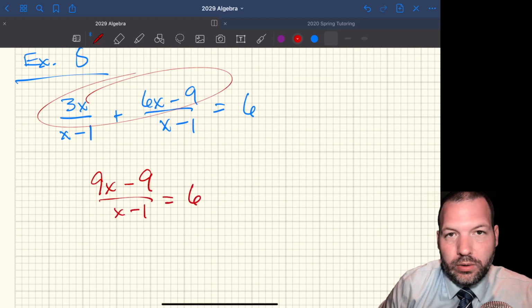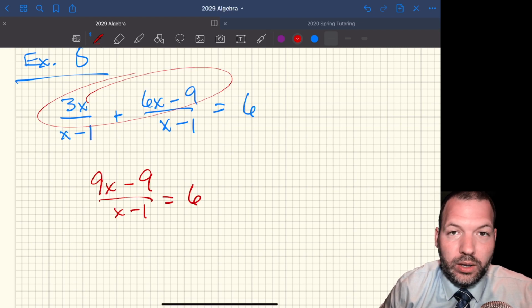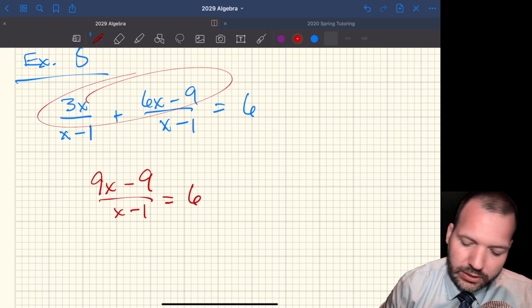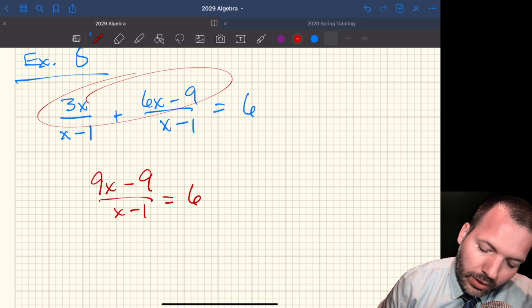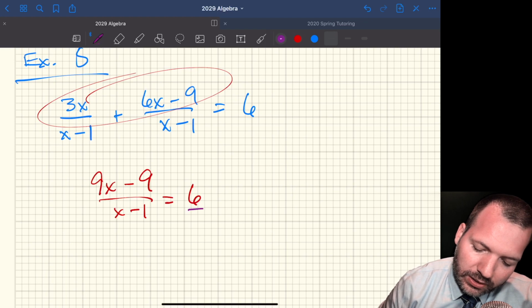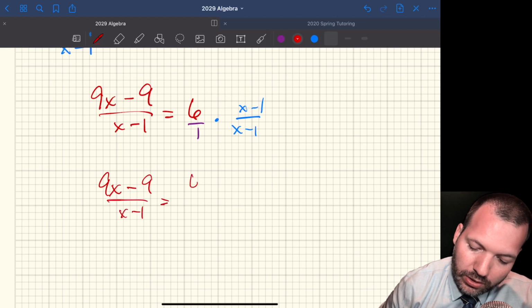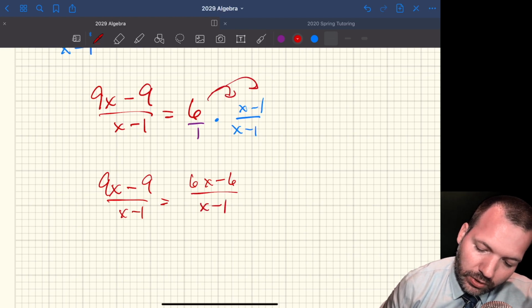Now you'll notice that I don't yet have a common denominator everywhere. I had it on the left side, which is why I went ahead and added that side, but I didn't have it on the right side. So let's get it. Let's treat that like over 1. And so we're going to need an x minus 1 over itself. And so what this gives us is 9x minus 9 over x minus 1 equals 6x minus 6, because I'm distributing, over x minus 1.